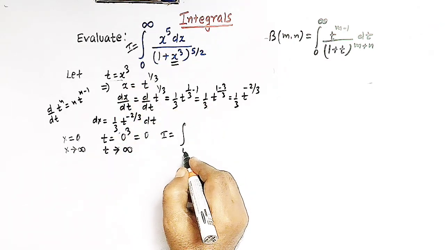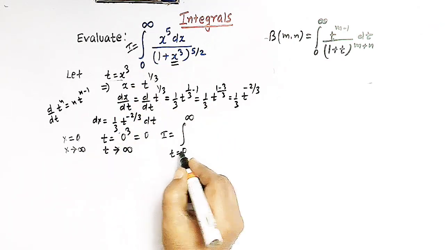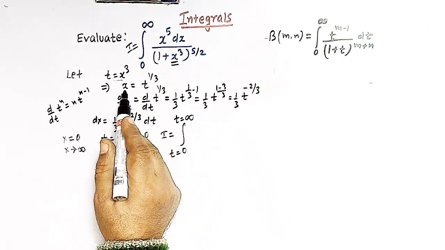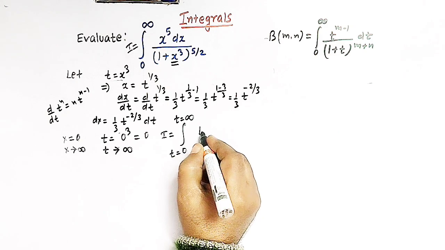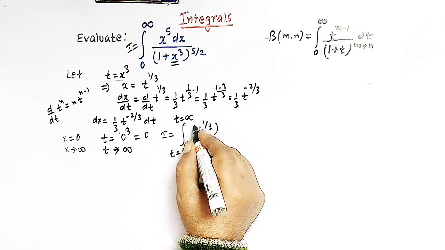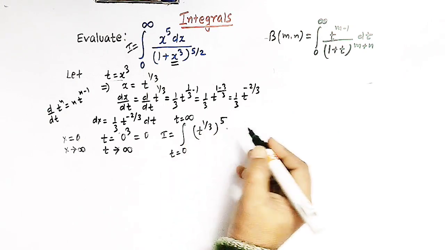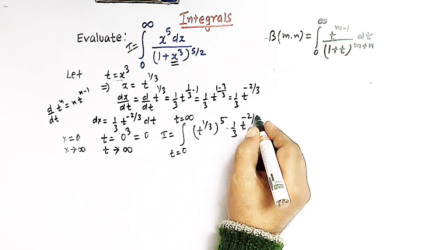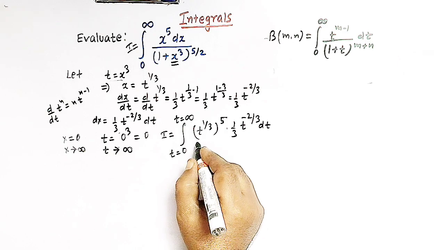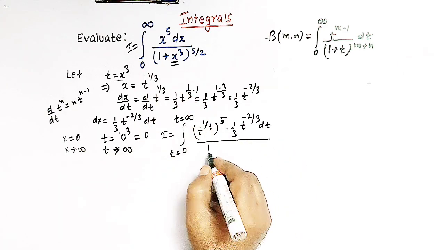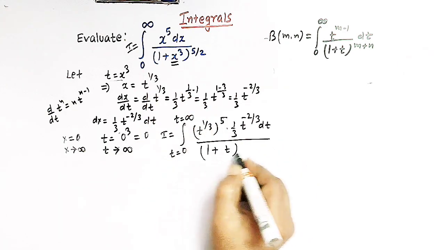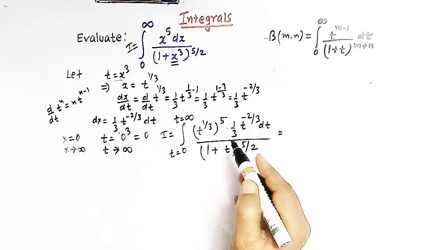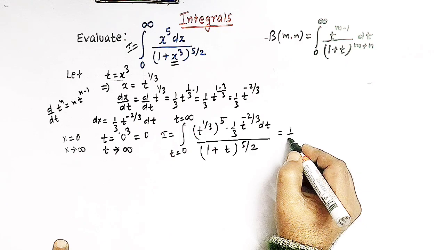So we can now write 0 to infinity, and then we have x raised to 5, x is t raised to 1 over 3, so we have t raised to 1 over 3, and here we have 5. For dx, we can now write 1 over 3 t raised to minus 2 over 3 dt, and in the denominator we can write 1 plus t raised to 5 over 2. So now let us arrange the terms here, and we can simplify.